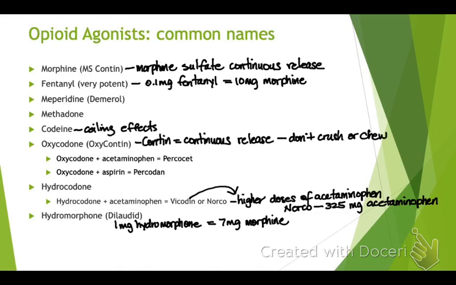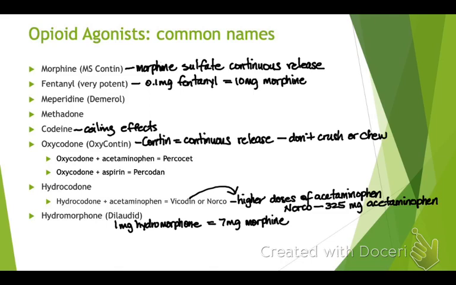Hydrocodone is another opioid agonist. And when you combine hydrocodone with acetaminophen, you get Vicodin or Norco. Vicodin has a higher dose of the acetaminophen, and the Norco has a smaller dose of the acetaminophen, which is only 325 milligrams. So that's the difference, the amount of acetaminophen that each of them has, which makes them different from each other.